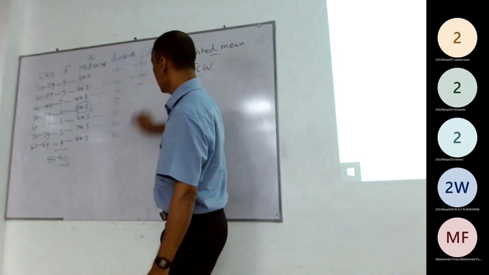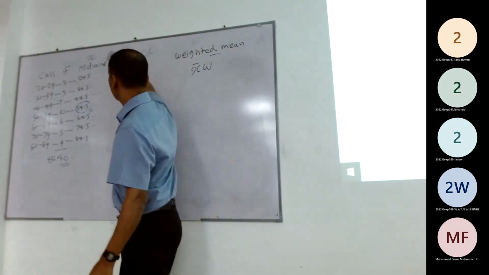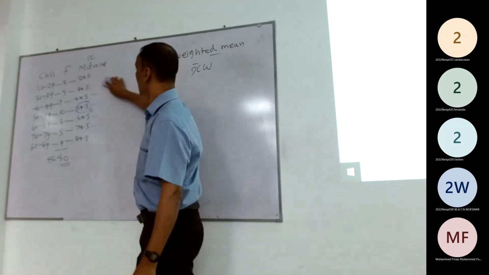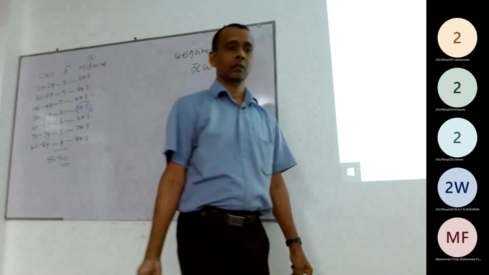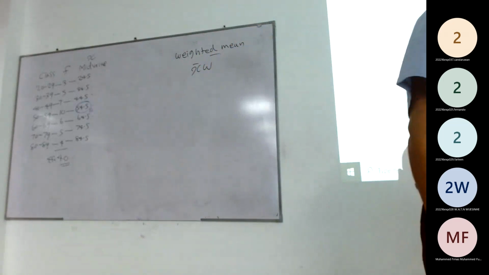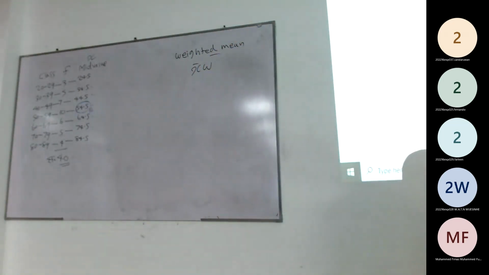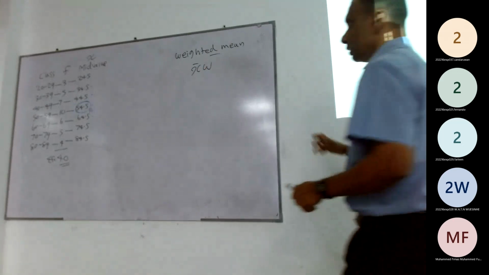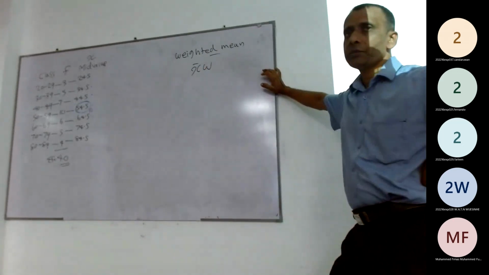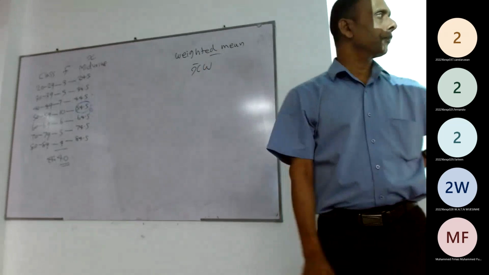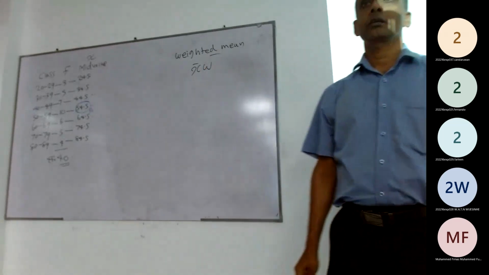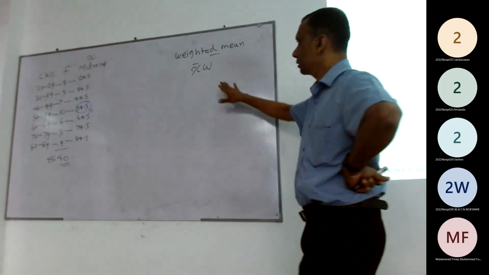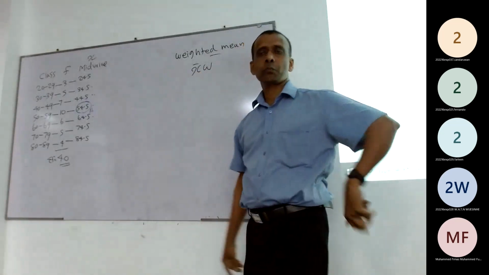After assigning weights, the average is calculated. That is called the weighted mean, denoted by x bar w.